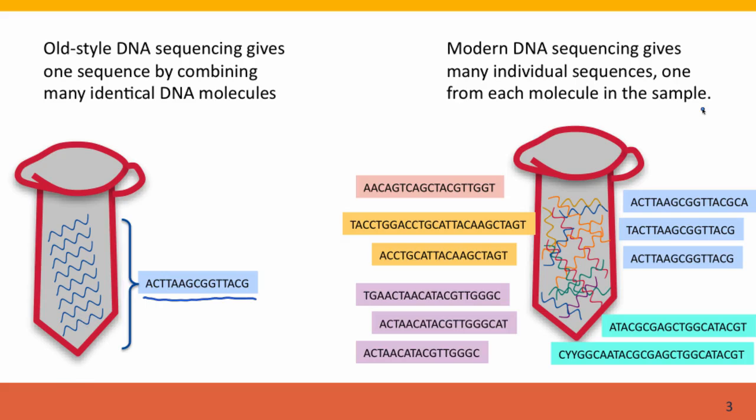Modern DNA sequencing, in contrast, can take a sample that consists of a mixture of many different DNA molecules, and it can sequence each molecule in the sample, giving many, many different sequences, what are called sequence reads.